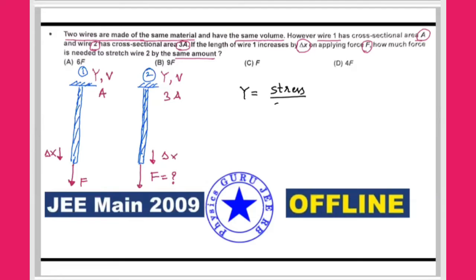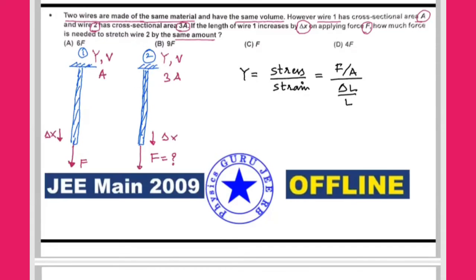Stress is force divided by area, and strain is delta L by L. So Y equals F into L divided by A into delta L. Now, from this equation, by cross multiplication, F equals Y into A into delta L divided by L. This is the force equation.